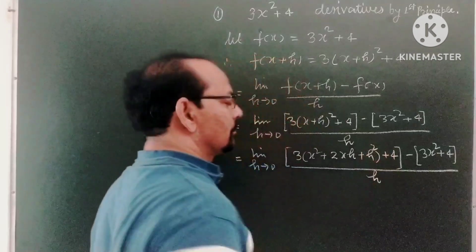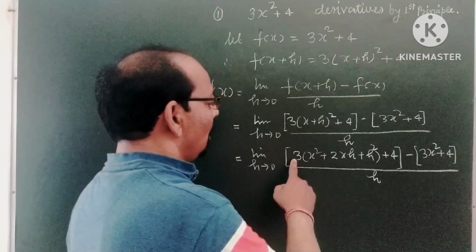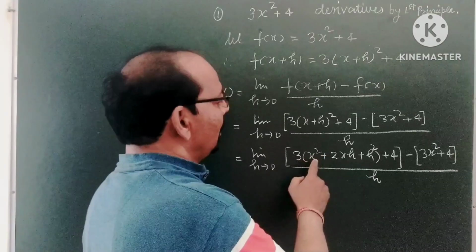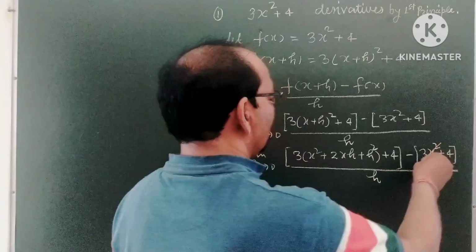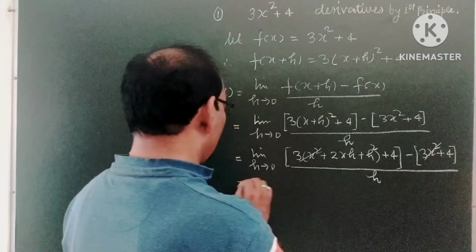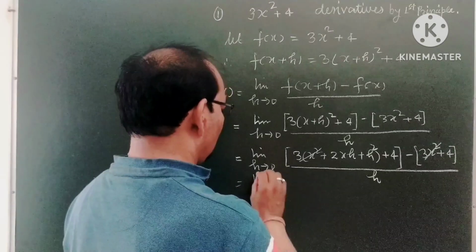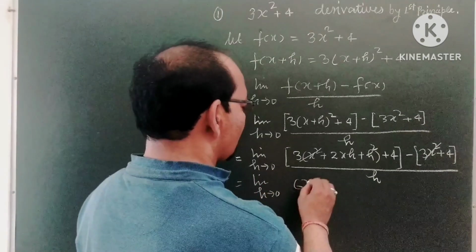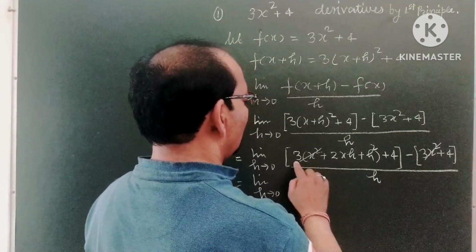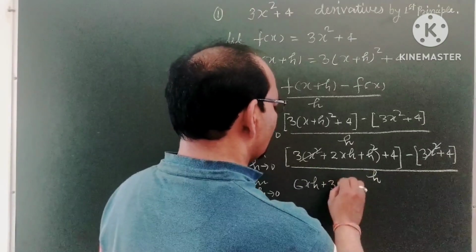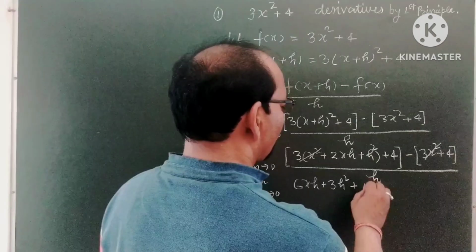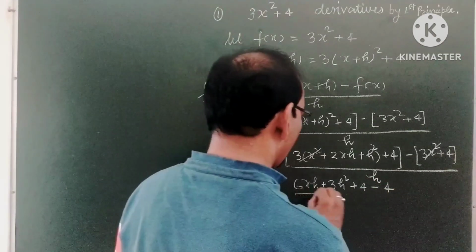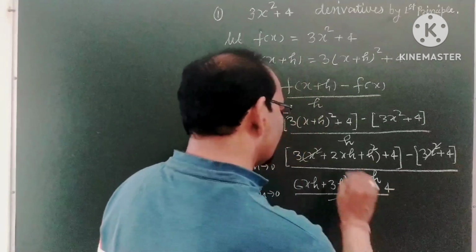by h. Look here, 3x square and 3x square cancel. Therefore it will be limit h tends to 0 of 6xh plus 3h square plus 4 minus 4, by h.